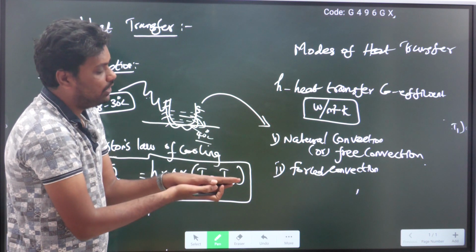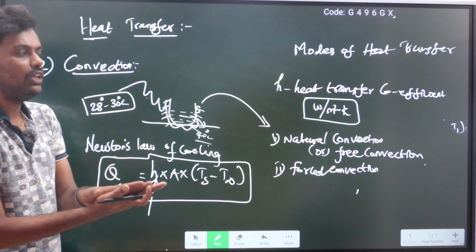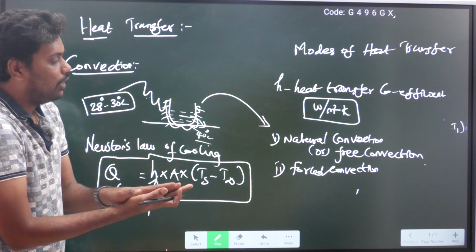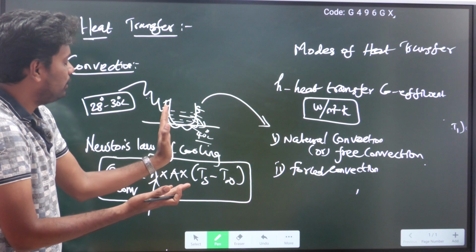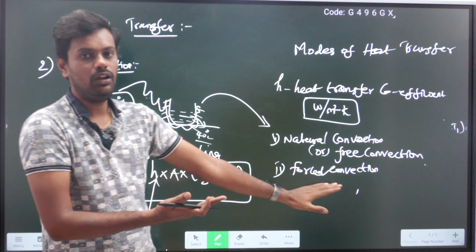But in the forced convection mode of heat transfer, instead of just naturally supplying the air to the solid body, I will use a fan or pump.